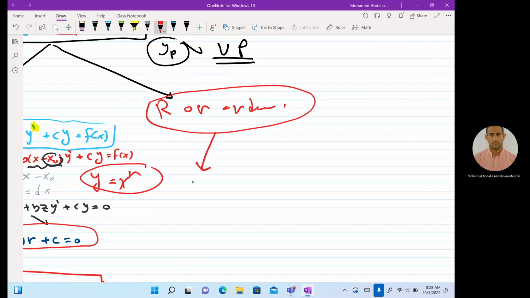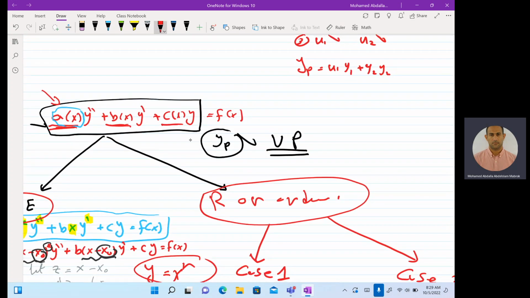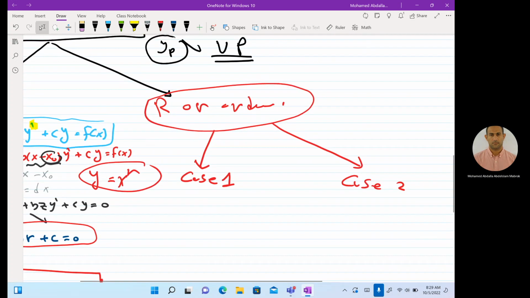Case one and case two. Case one, where we can solve the second order differential equation when we do not have constraints on A of x and B of x, is as follows.